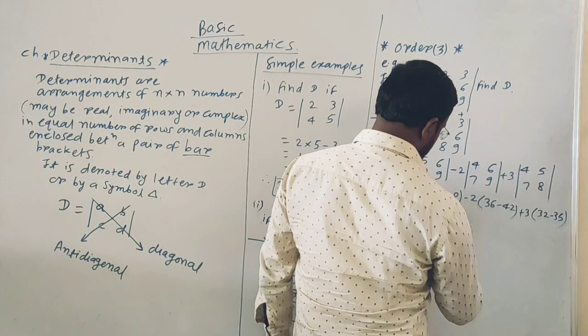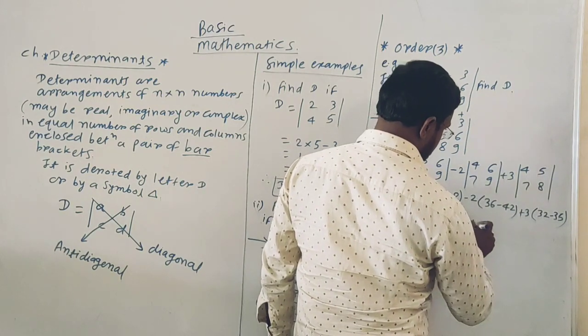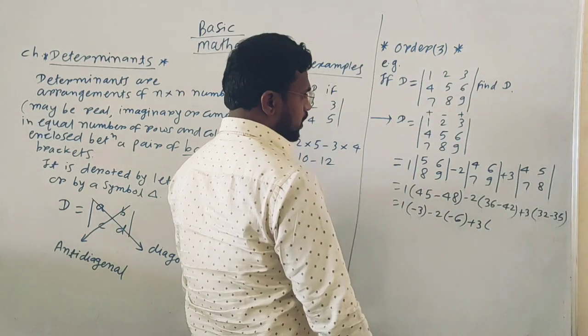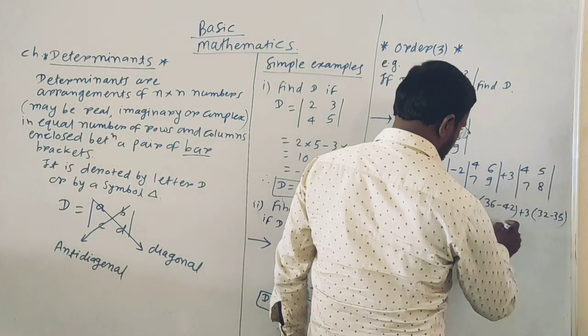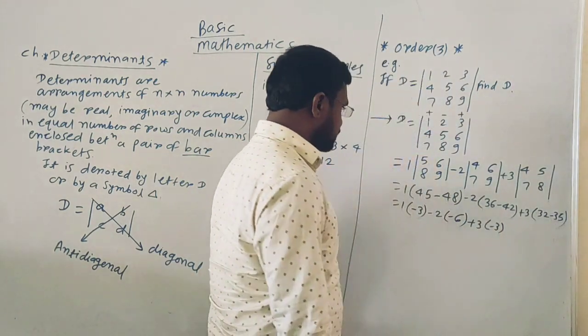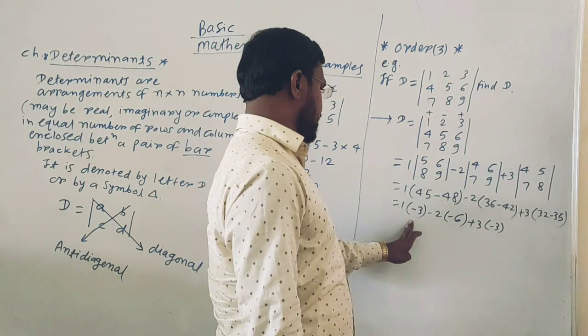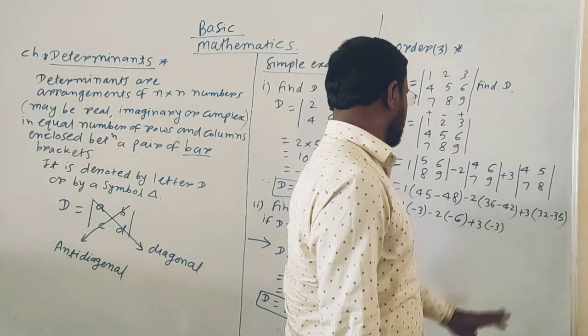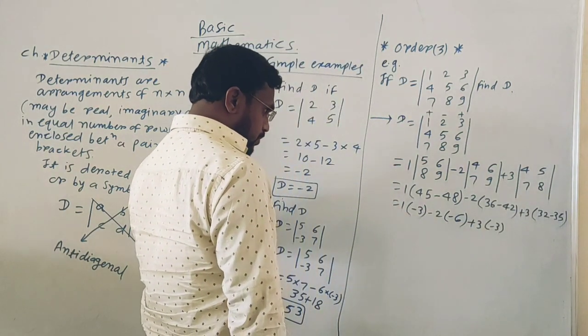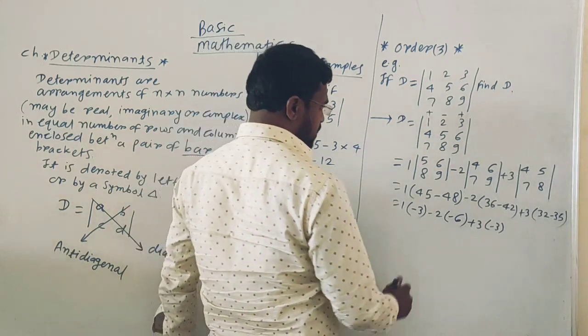What is the answer of this? Minus 6, plus 3 in bracket minus 3. Subtracting: 45 minus 48 is minus 3, 36 minus 42 is minus 6, 32 minus 35 is minus 3.